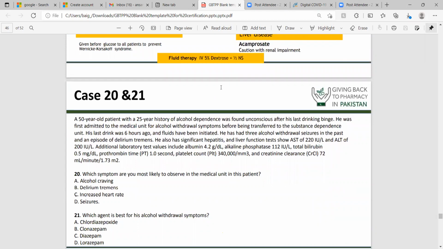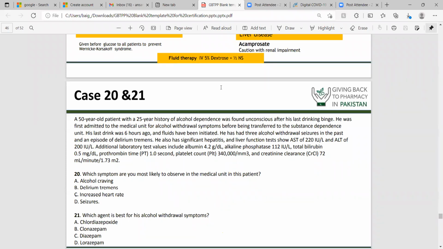Question number 20: a 50-year-old patient with a 25-year history of alcohol dependence was found unconscious after his last drinking binge. He was first admitted to the medical unit for alcohol withdrawal symptoms before being transferred to the substance dependence unit. His last drink was 6 hours ago and fluid has been initiated. He has had 3 alcohol withdrawal seizures in the past and an episode of delirium tremens.